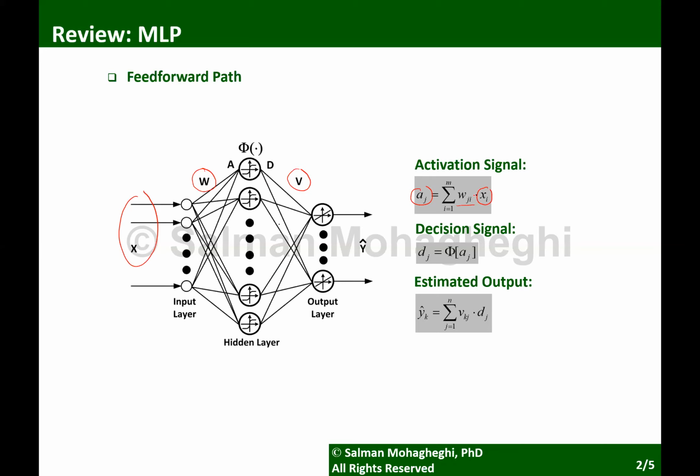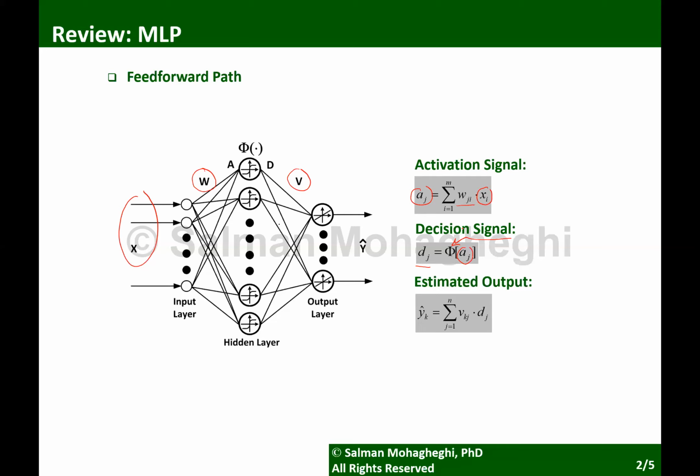Once we have this activation signal, it is applied to the neuron in the hidden layer. And then based on what type of activation function we have, the neuron will generate some signal which we call a decision signal. So for that neuron j, decision signal d is going to be a function of the activation signal, and this function phi is what I mentioned would be a sigmoid function or hyperbolic tangent.